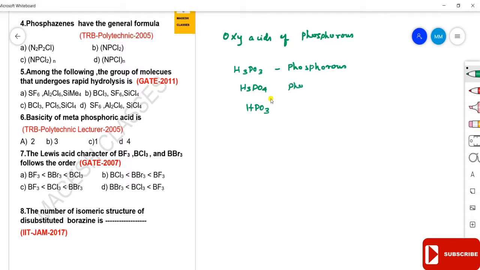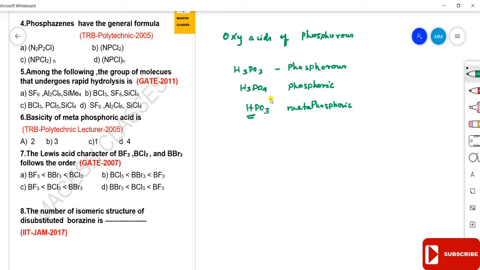Metaphosphoric acid, the formula itself consists of only one hydrogen atom, so the basicity cannot be higher than 1. So based on the formula itself we know that.